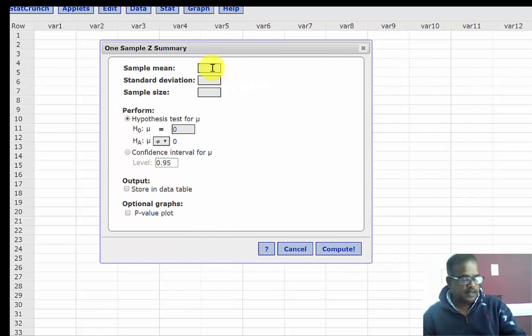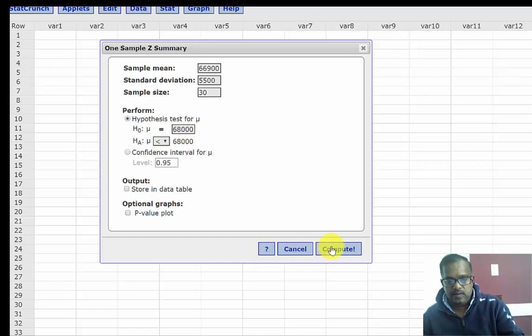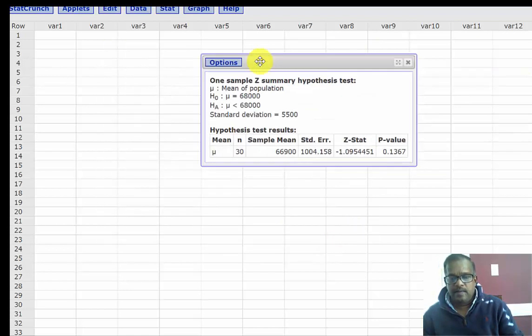The sample mean is 66,900. Standard deviation is 5500. Sample size is 30. Alternative mu is less than, the number is 68,000, and then you compute. You get everything you want.